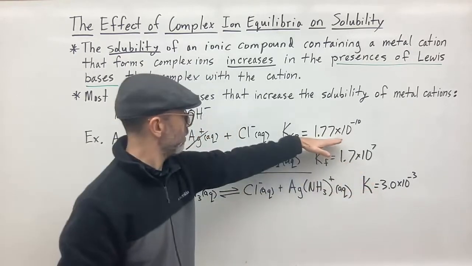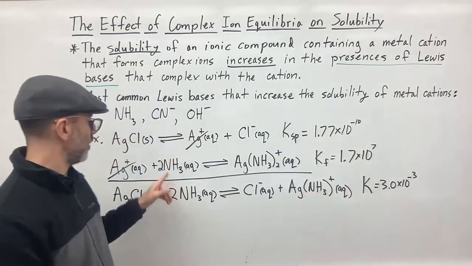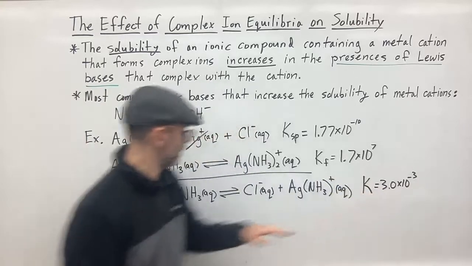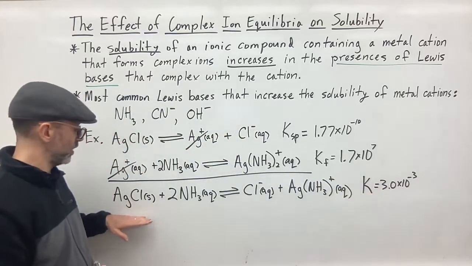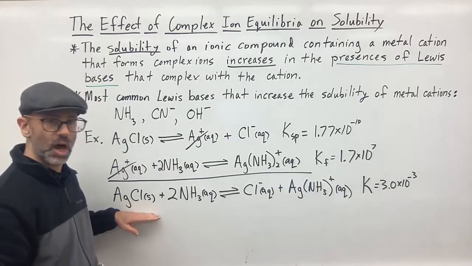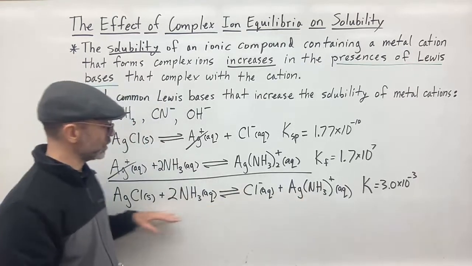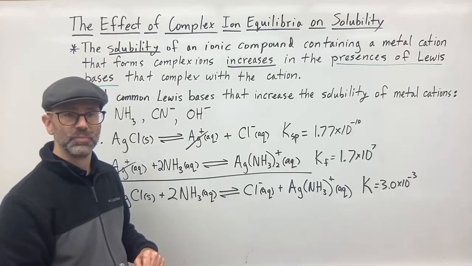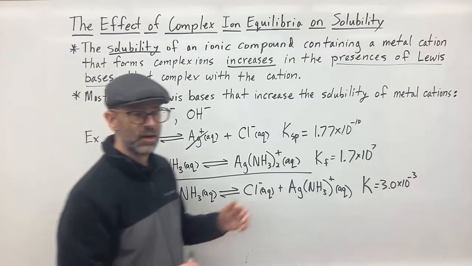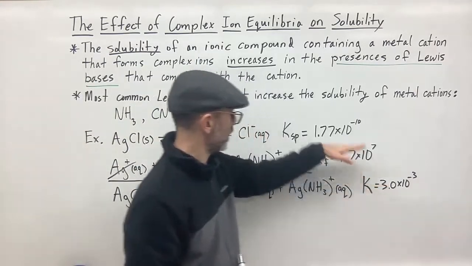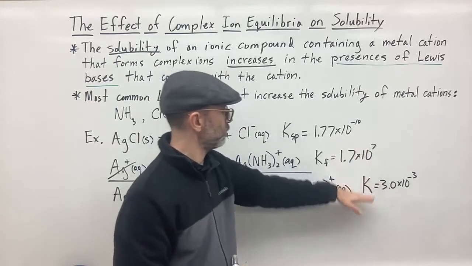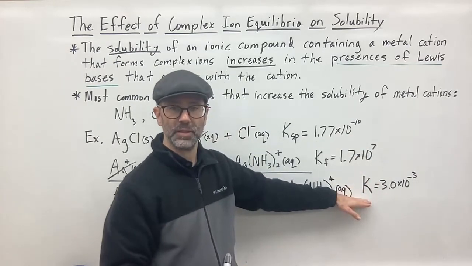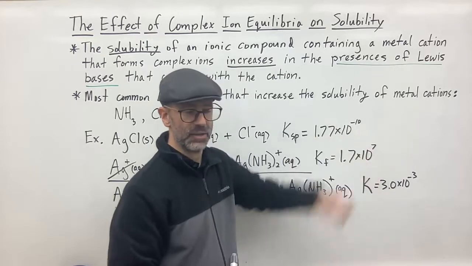And so thereby, using the complex ion, you're increasing the solubility. So this is much more readily going to dissolve in this reaction than just in pure water by itself. Okay, and so this is pretty much a 17 million fold difference between this and this.